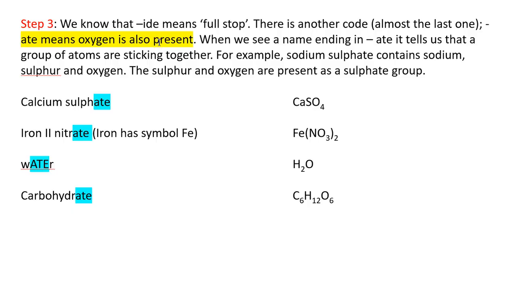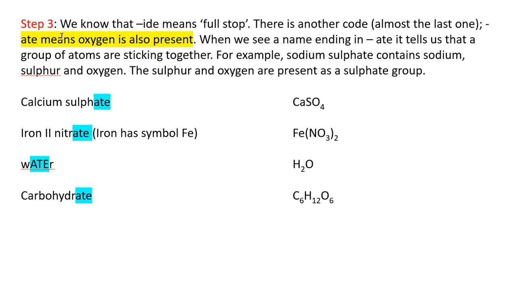For example, calcium sulfate, iron 2 nitrate, iron being a transition element, and so I need to know the combining power, the valency. I put water and carbohydrate down there just to show something. Now, we know from the past, IDE means full stop, period. That's it.